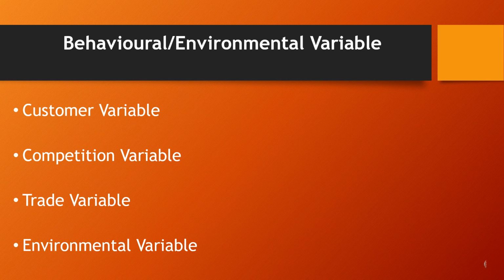Environmental variable. Environmental variable contains the level of technology, the advancement and sophistication of the technology used by the other companies or the specific country or area, government regulations on the product, price, distribution, etc.